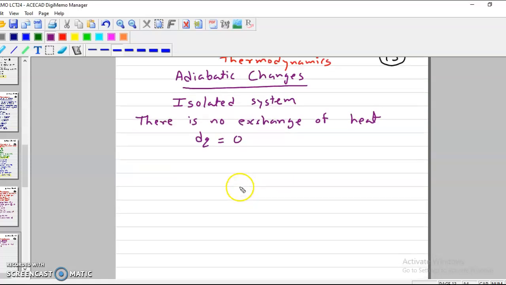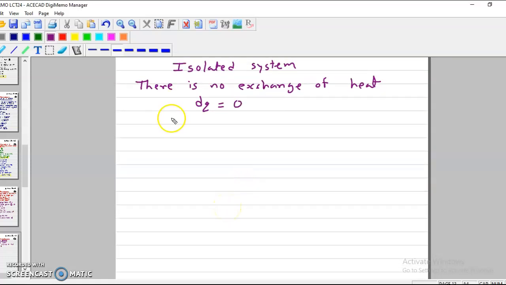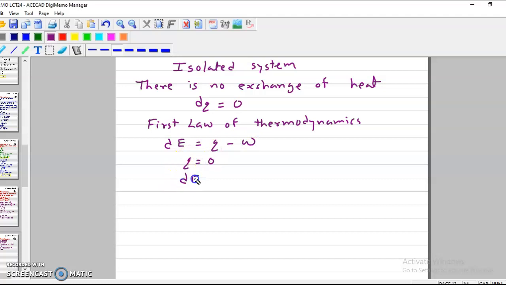Now, first law of thermodynamics. And we write a formula for this. dE is equal to Q minus W. Here Q is equal to 0. Therefore, dE is equal to minus W. Or we can write dE plus W is equal to 0.